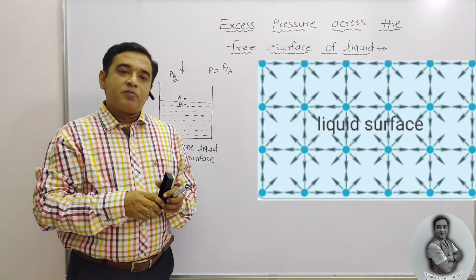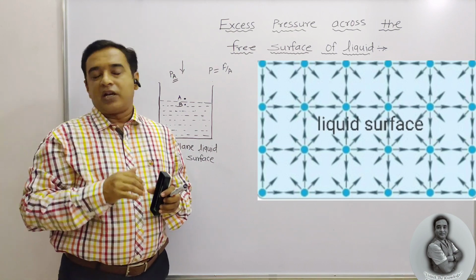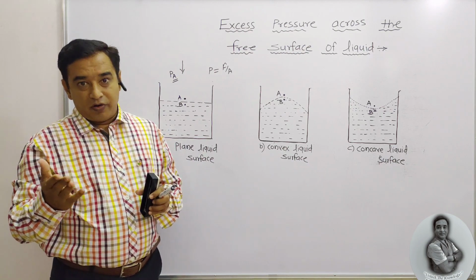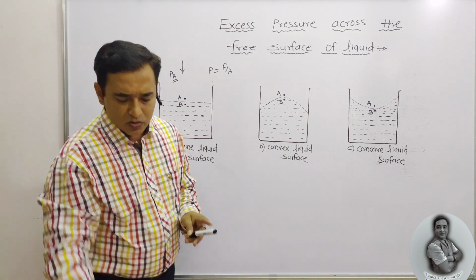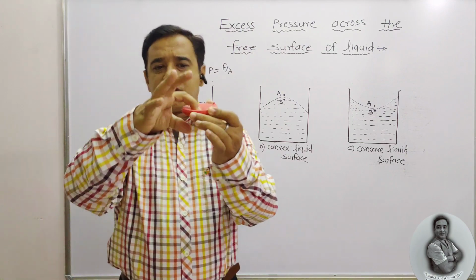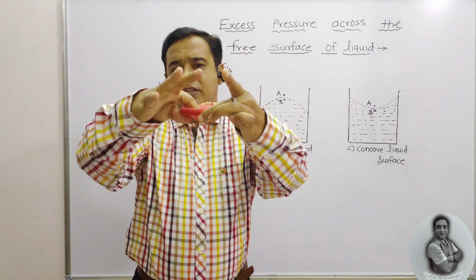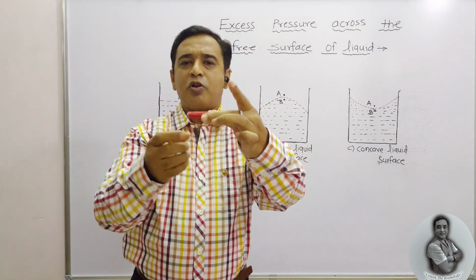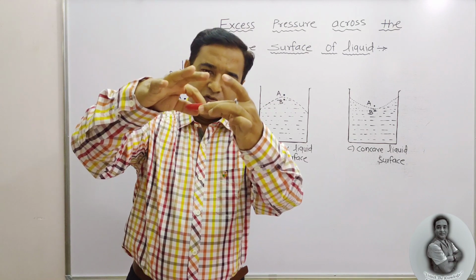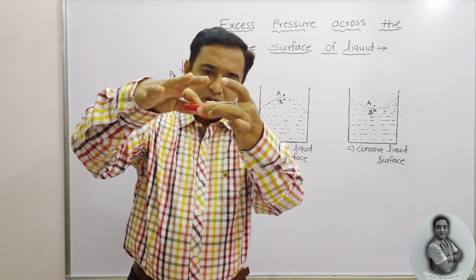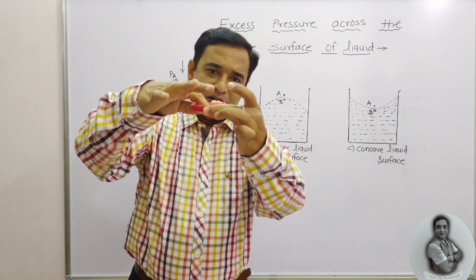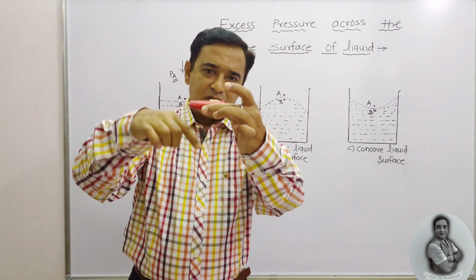If maximum pressure is applied from the upside, its shape changes. It may become concave, it may become convex. This is a membrane. Now I am going to apply a certain force from the upside. If the upside force is greater, it goes inside, downward.